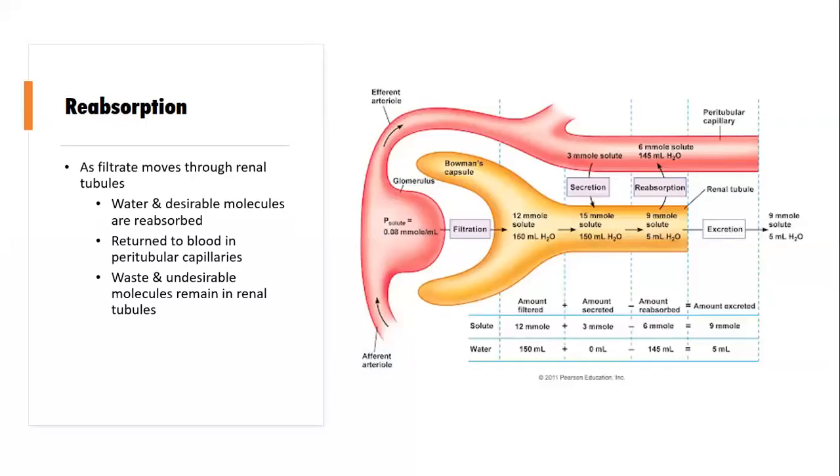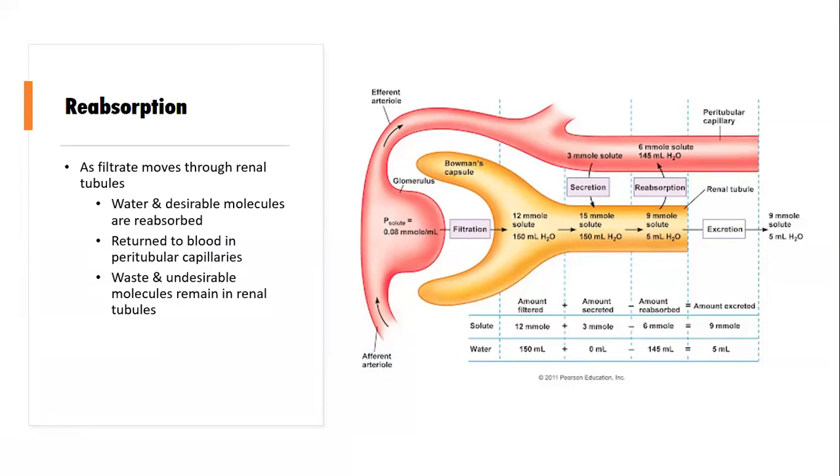Reabsorption: as filtrate moves through the renal tubules, water and dissolved molecules are reabsorbed, returned to the blood in the peritubular capillaries, and waste and undesirable molecules remain in the renal tubules.